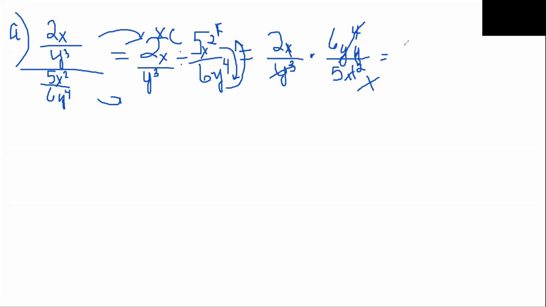In the denominator I show 5 left and an x, and in the numerator, 2 times 6, and what's left is a y from the y to the fourth. So that leaves me with 2 times 6 for 12y over 5x, final answer.